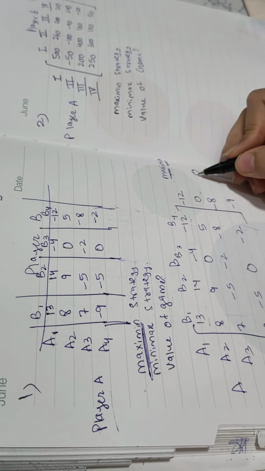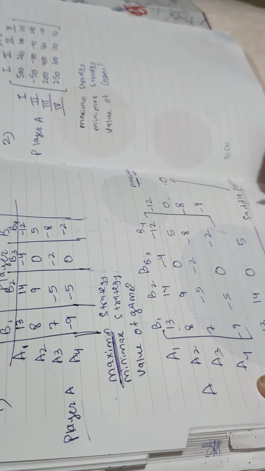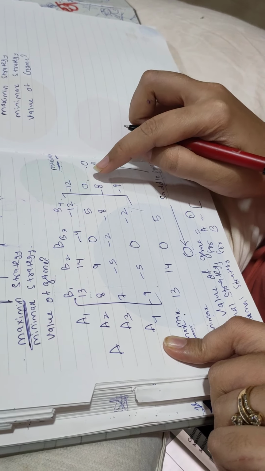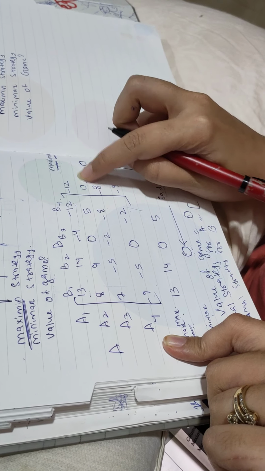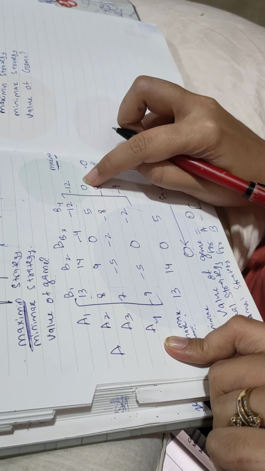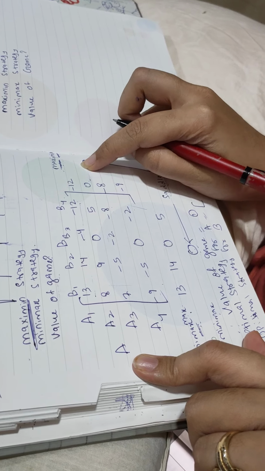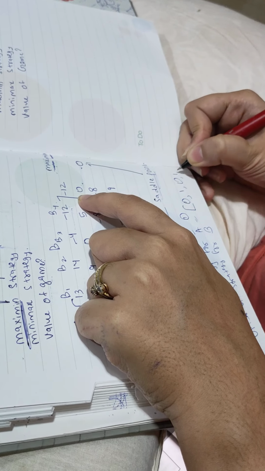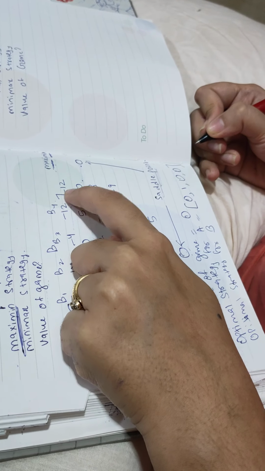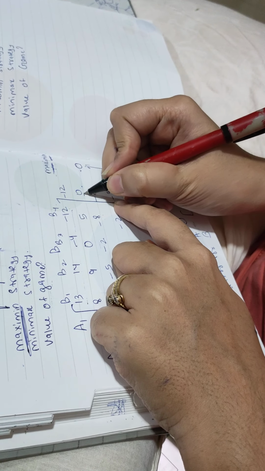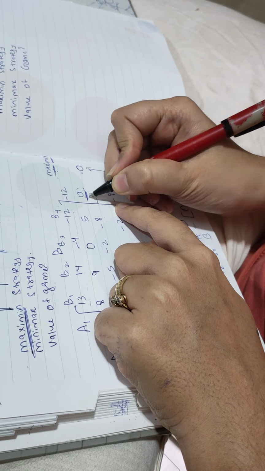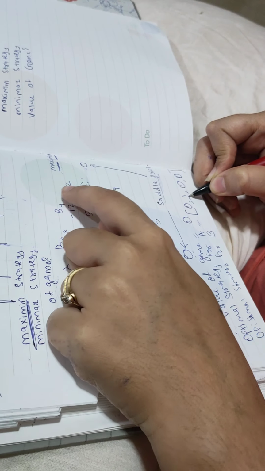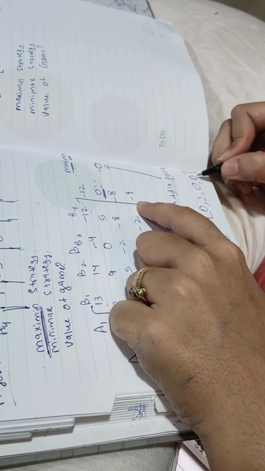The place where I got my saddle point will be termed as 1 and the rest will all be 0. 0 means he lost the game, and here the 0 number is at my saddle point. This means player A has won this game. So this will be 0, 1, 0, 0. My saddle point is at this point. This means I won this game, and if I won the game it is termed as 1, and wherever I lose the game that is termed as 0.